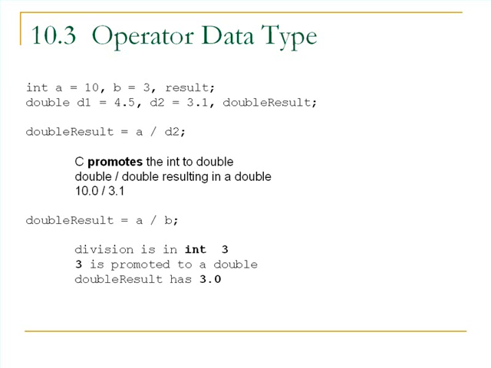In the next one, we have double result gets A divided by B. Even though we have a double variable in the statement, the division is in int. It looks like the programmer might have wanted 10 divided by 3 to evaluate to a double because they have a place for the answer which could hold the decimal point, a double, but that's not what happens.